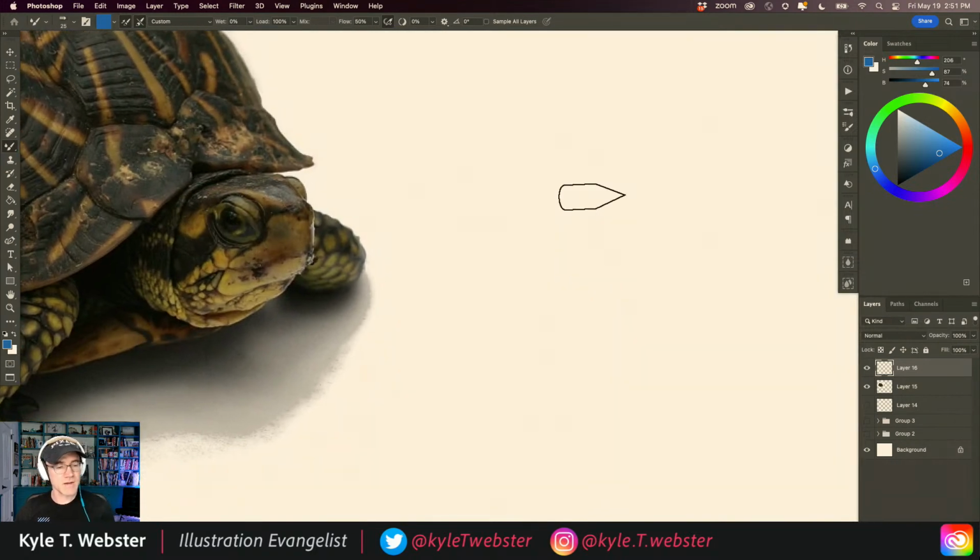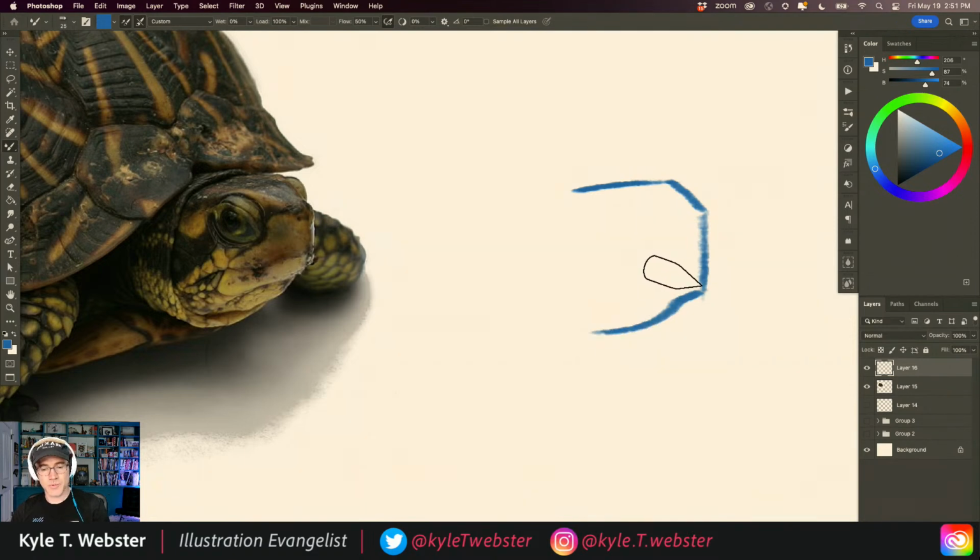The things I want to look at are the general shape of the head, which is this kind of a thing. We've got a nice little break right there for the mouth, goes up, down, up, and down again. Eyes are about this big. Got some wrinkly bits around the eyes. And teeny tiny little nostrils right there up around the nose.